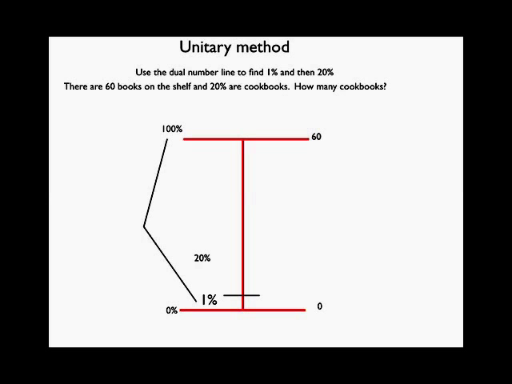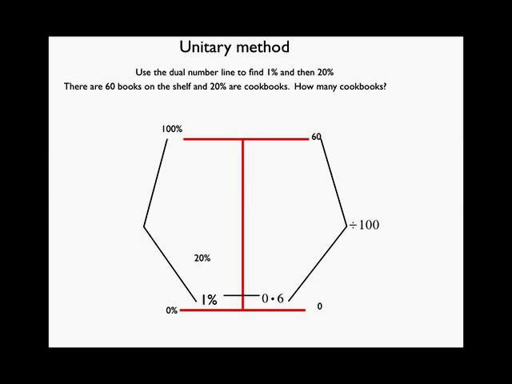Then we have to find what we would have to do to go from 100% to 1%. We would divide by 100. Now looking at the right hand side, same thing, we would divide by 100. We would get 0.6.